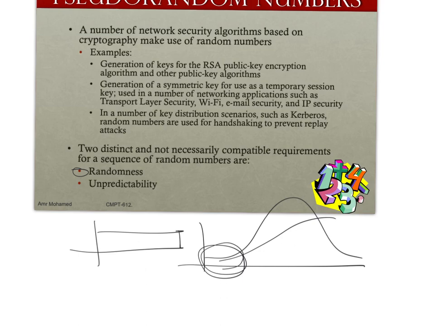The other property is unpredictability. By unpredictability I mean that, okay, it is uniform, but if the key has a certain length and I happen to know part of it, will I be able to predict another part or not?